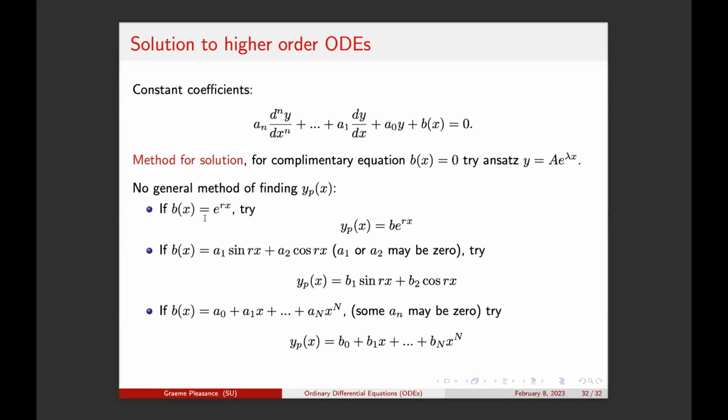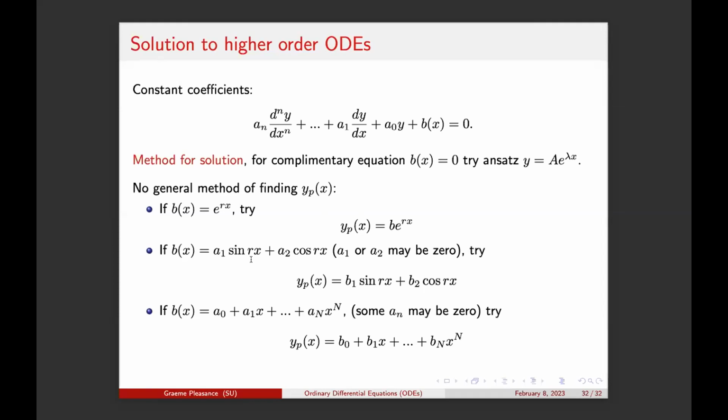In the case where our inhomogeneous term is written as an exponential, which depends on this constant r, then we can set the particular integral to be of a similar form to this term, multiplied by some constant. I should maybe have used a different notation here, just to specify that this b is not the same as this function here. This is just some unknown constant.